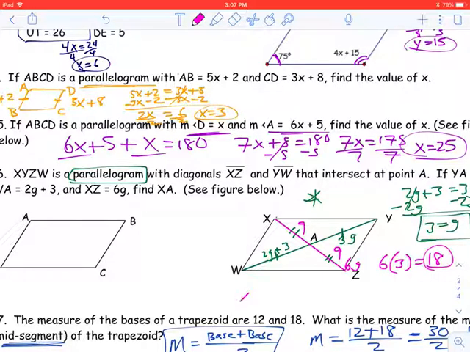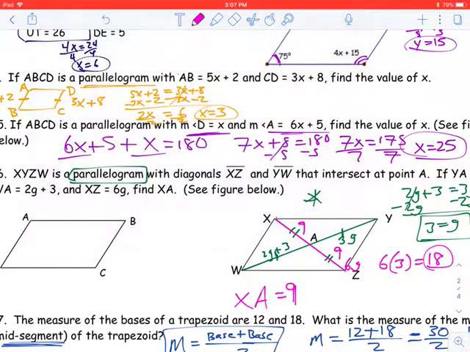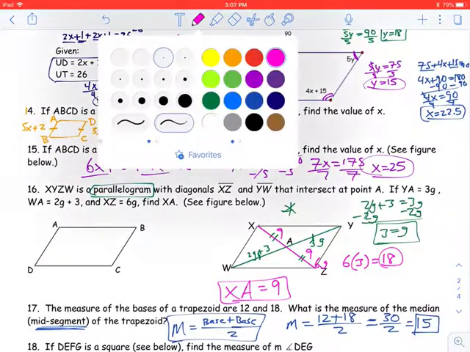So therefore XA equals 9. Oops. Hold on a second. Can't write. There we go. XA equals 9. Okay? That's 16.